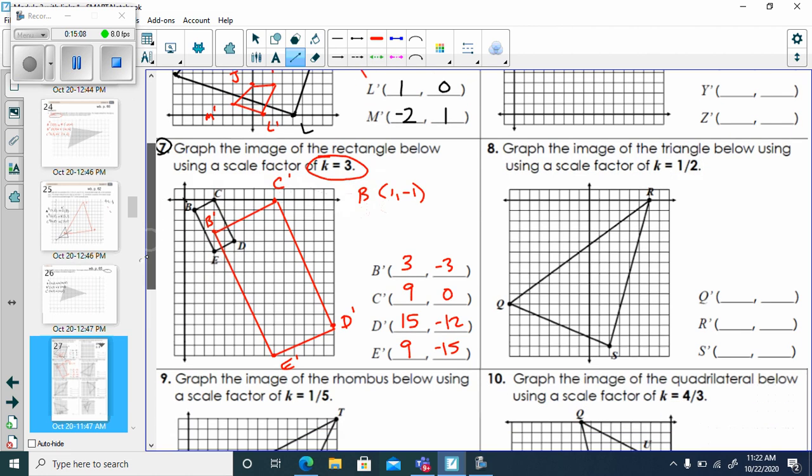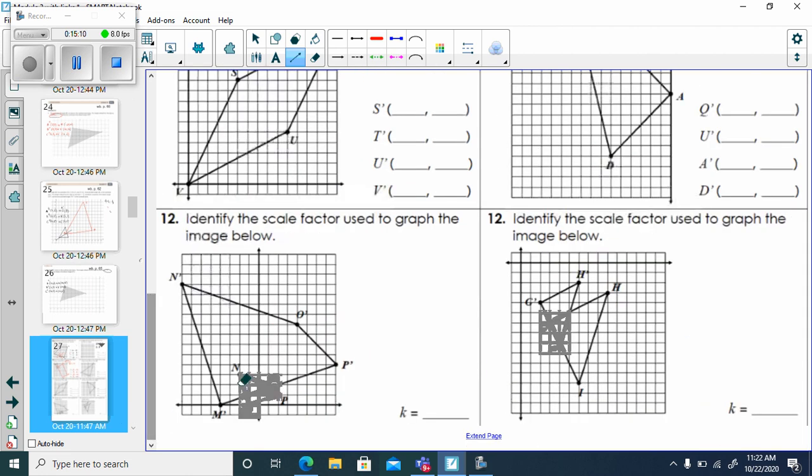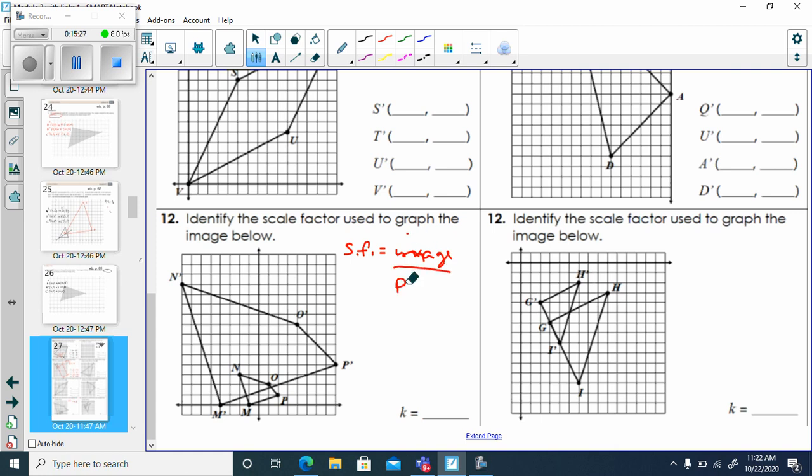Okay, let's go down to the bottom two, which are 12. Identify a scale factor used to graph the image below. Well, we know that the scale factor is the image over the pre-image. In this case, why don't we take the points? P is at 2, 1, right?